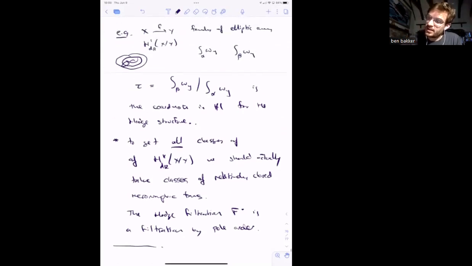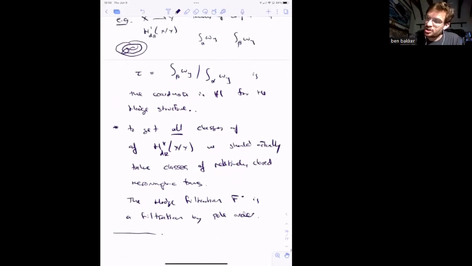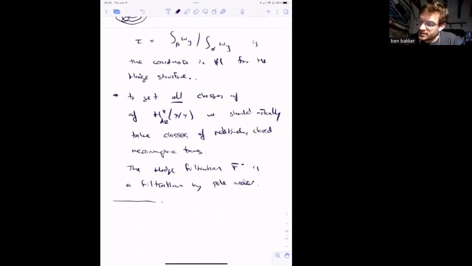So in fact, more generally, there's nothing stopping us from taking integrals of meromorphic forms. We'll still get definable functions by the same argument that we had before. They just might end up having some poles arising somewhere.